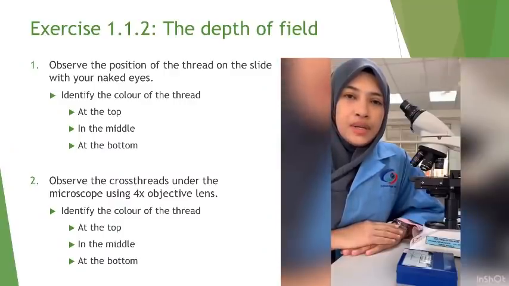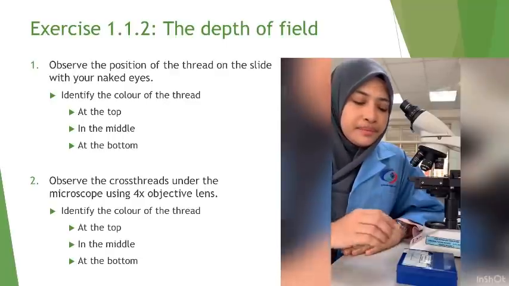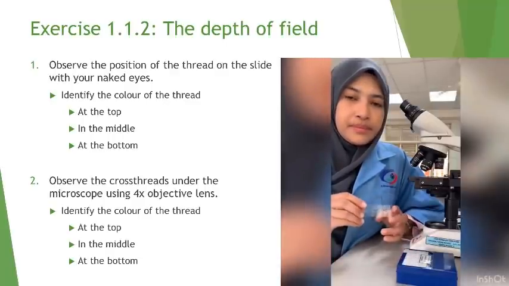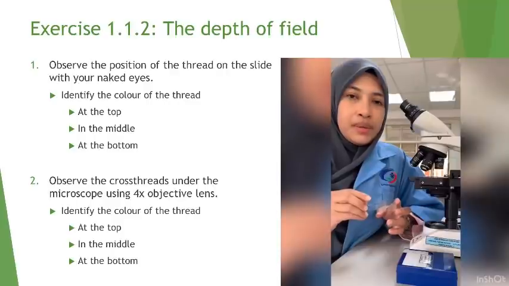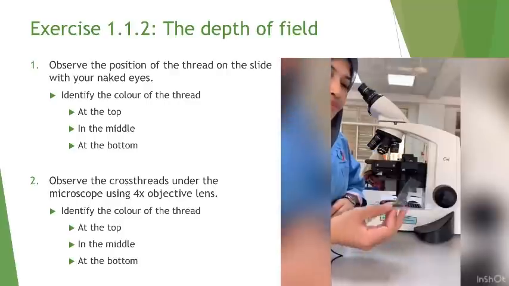For exercise 1.1.2, to determine the depth of field using the cross-track prepared slide, first you need to take a cross-track prepared slide and observe using naked eyes to determine the position of the tracks, which one is located at the top, middle, and at the bottom.